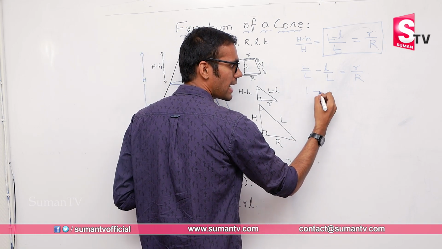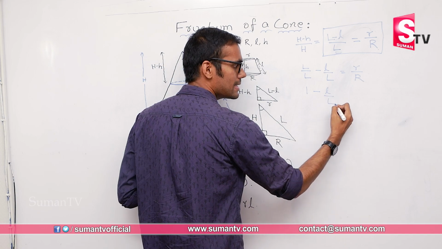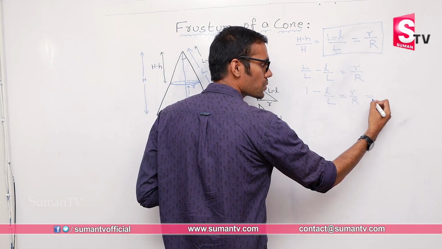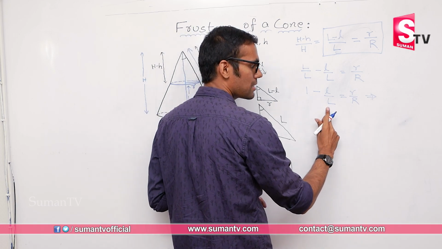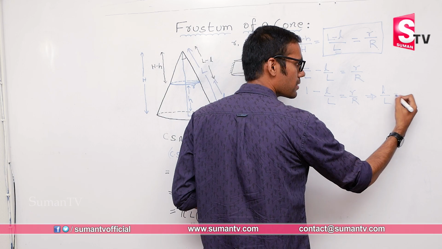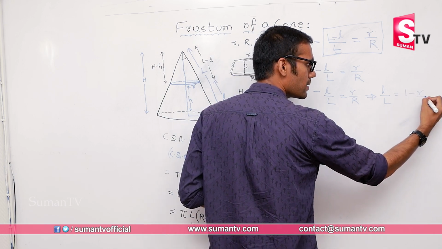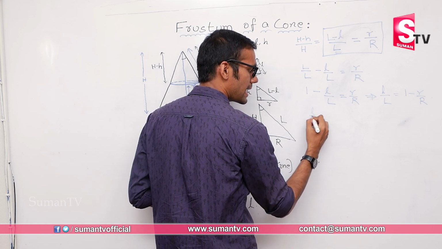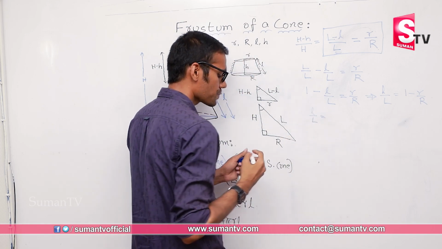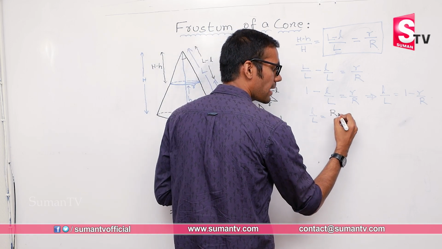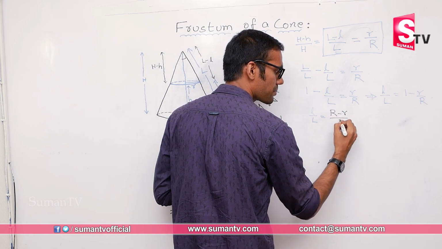So, it will be 1 minus small l by capital L equals small r by capital R. So, small l by capital L will be equal to 1 minus small r by capital R, which is capital R minus small r upon capital R.